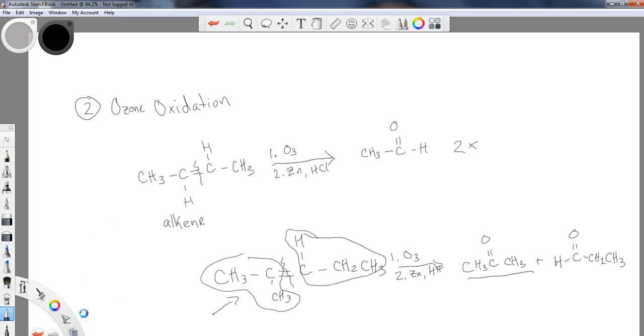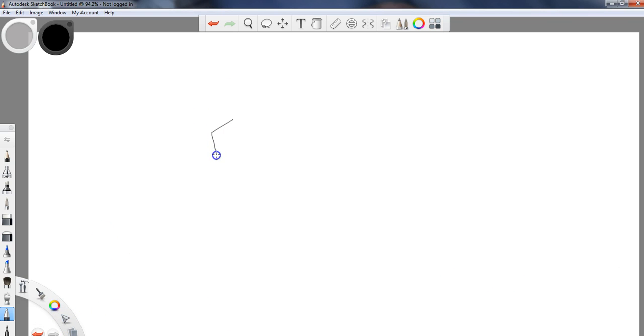Keep in mind that while we're doing this, you can also accomplish this with a ring. Now when you cleave the ring, a lot of students forget there's an implied hydrogen down here. When I cleave this ring, doing the same methodology, this ring is going to open up into a single chained product.